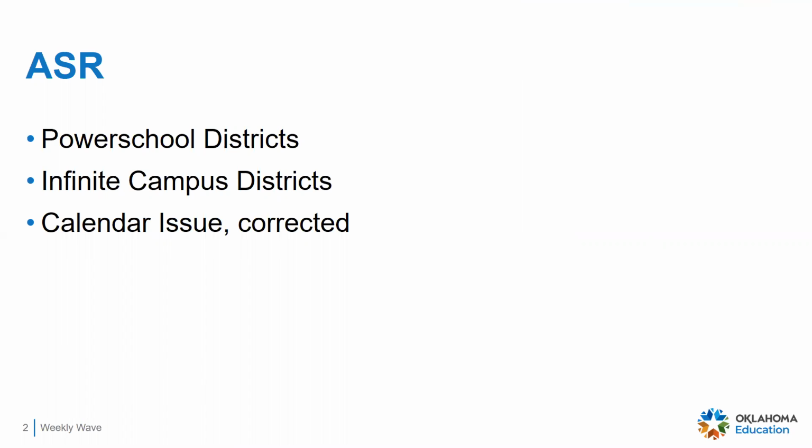We should be getting an update about this later on today, but for PowerSchool districts, you may notice that you do not have an emergency code that you can use related to COVID-19. Right now, a lot of your calendar dates for that closure period are coming up to the state as an other code, or you'll see 4 9s if you're looking at the ASR report.